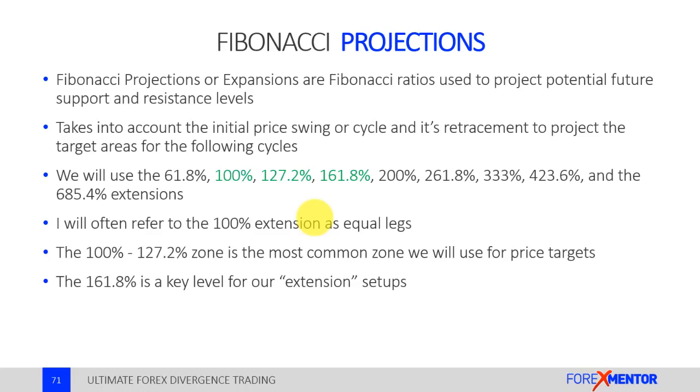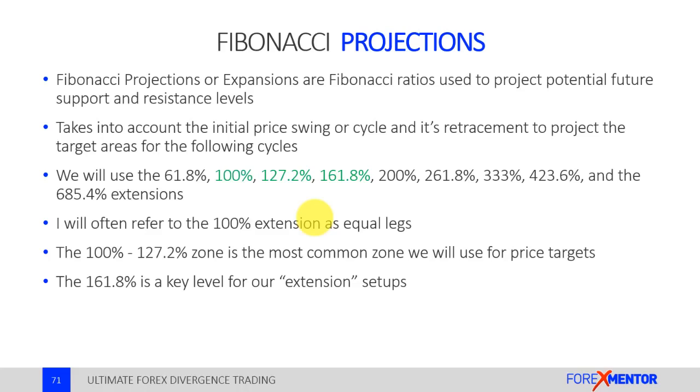It's how we're trying to determine our next market swing. Now, a little tip: let's say we're looking for a price target on a particular swing. If the market did not pull back 50%, let's say we have a shallow pullback, and we'll show this on a chart in a moment, say 38%, we don't make it to that 50%, then it's better to actually use the extensions to look for a potential price target of that next cycle.